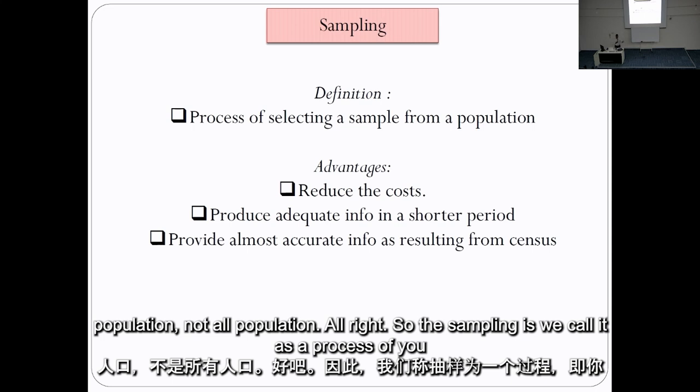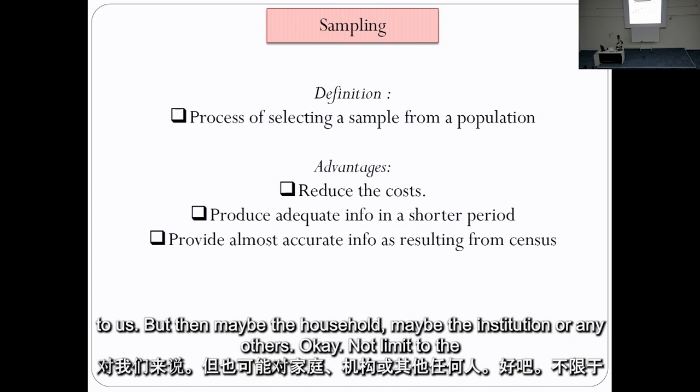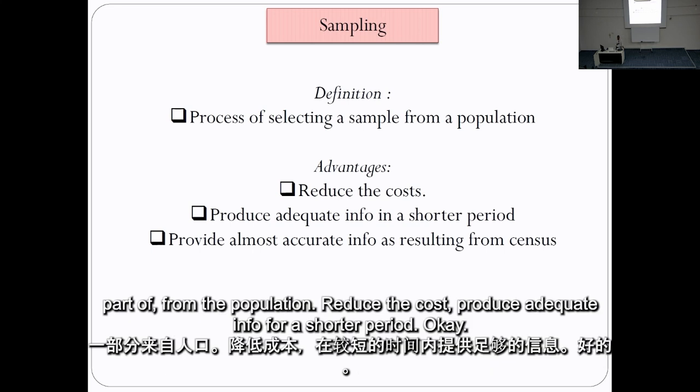So sampling is the process of selecting the sample from a population. But a population is not limited to individuals. Maybe it is households, institutions, or others, not limited to people only. The advantage is that you reduce the cost, because you only select a part of the population.